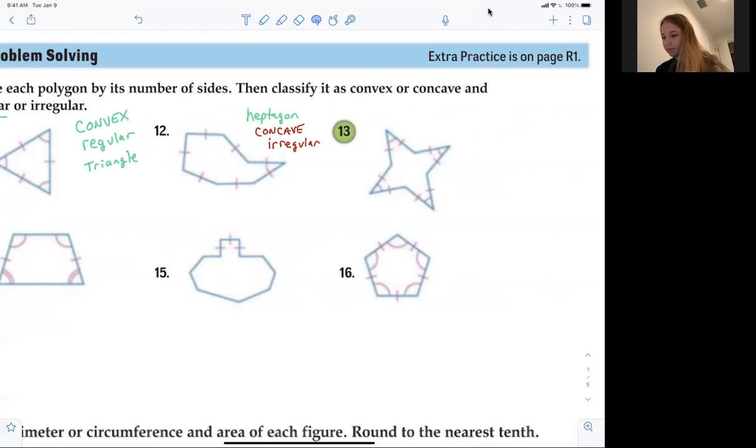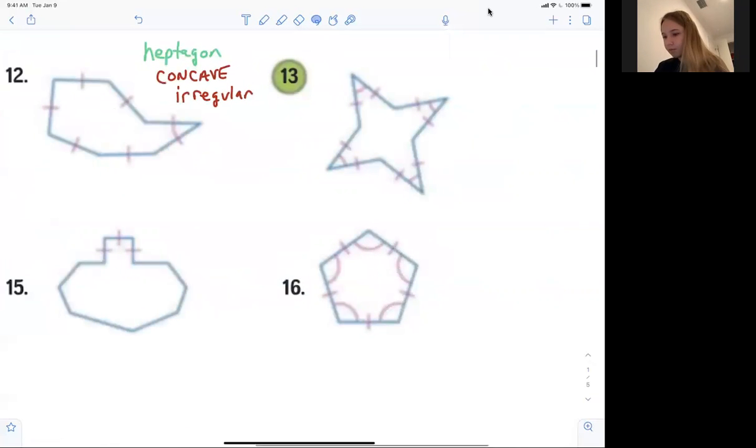Does it look regular? Is this angle right here the same as this angle right here? No. All the sides are congruent, but the angles are not congruent. So it is definitely irregular.